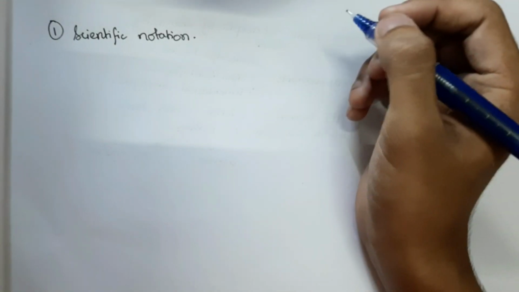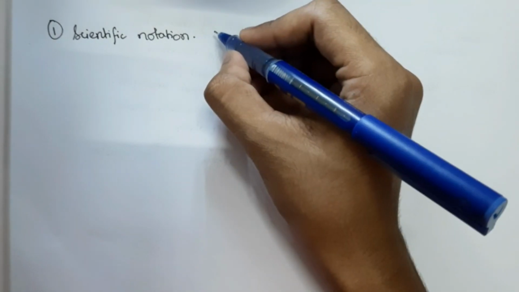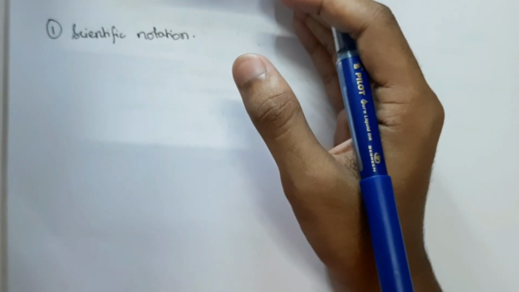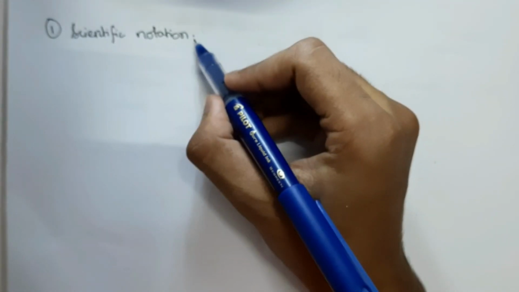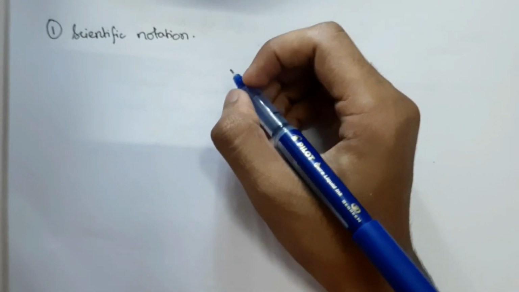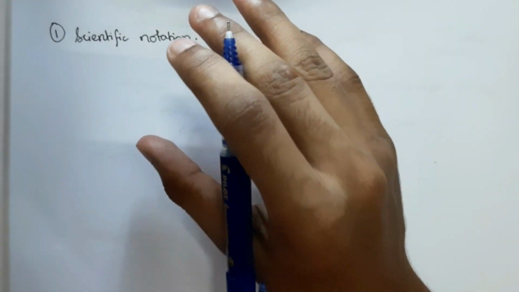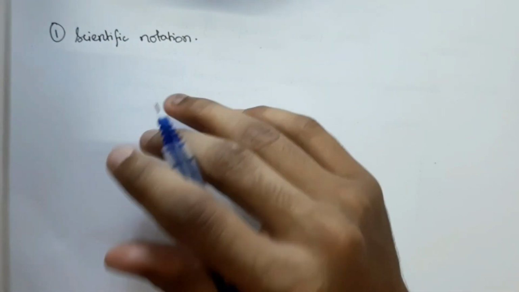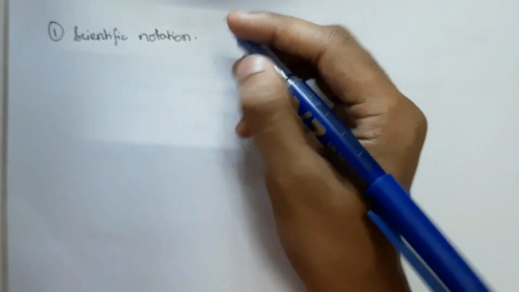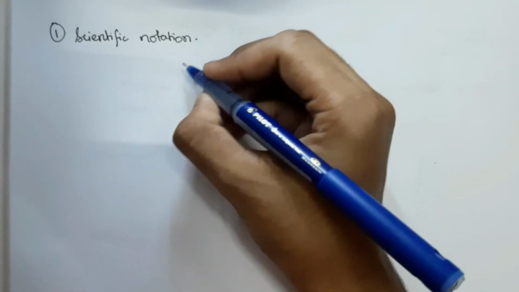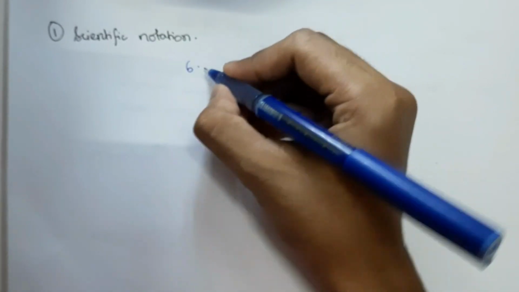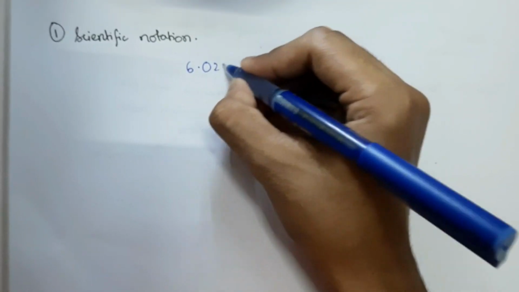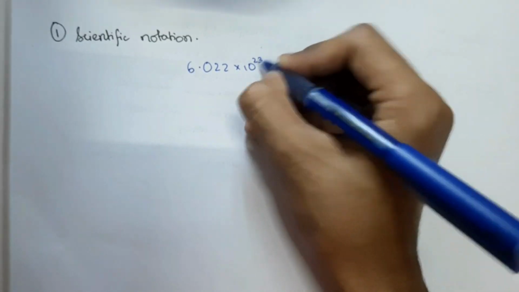So scientific notation is just another way of writing a number. It's a simple method. So this is used in chemistry because in chemistry we deal with very huge numbers. You might be familiar with the number of Avogadro, or known as Avogadro's number, which is represented as 6.022 into 10 raised to 23, right?